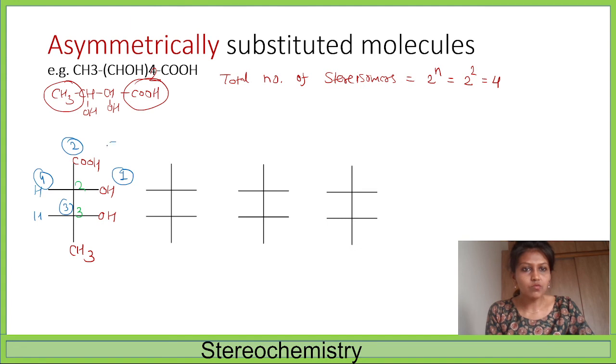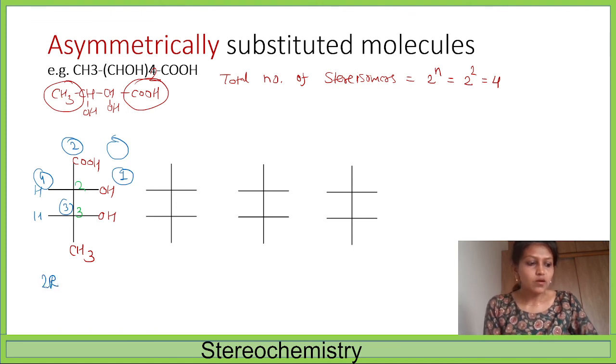So 1, 2, 3 is anticlockwise, so S, but since hydrogen is present horizontally, it is R. So we can say 2R is present over here, and for this carbon, carbon 3, number one is given to this one, right?